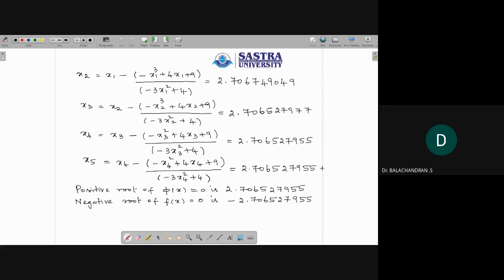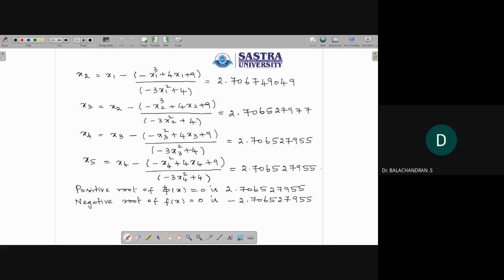Then again calc, answer, equal to gives 2.706527977, and again gives 2.706527955, and again 2.706527955. In the fifth iteration you nearly get the same value.